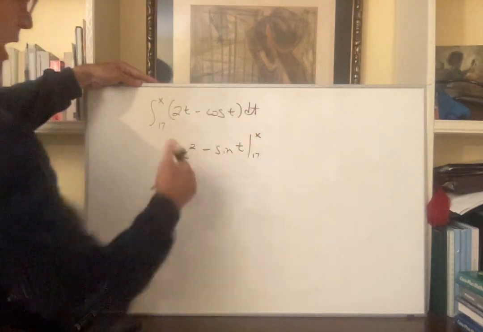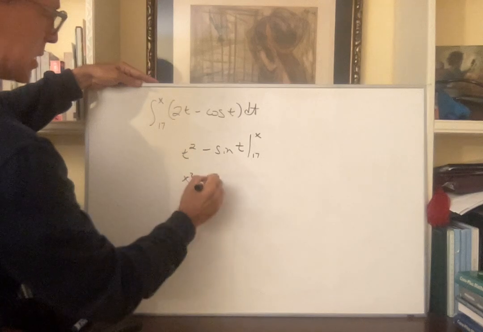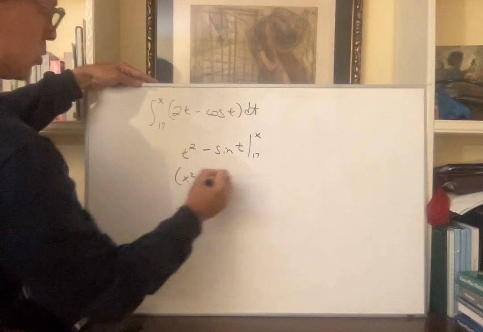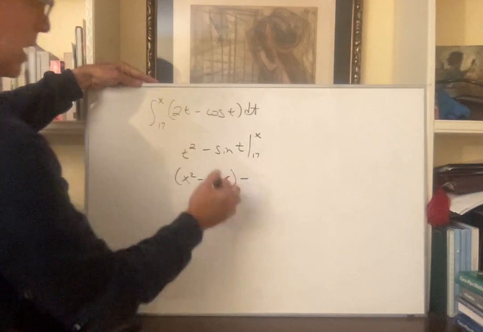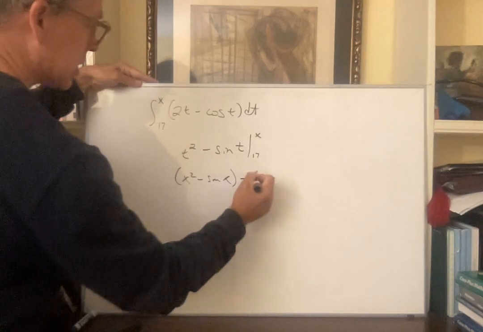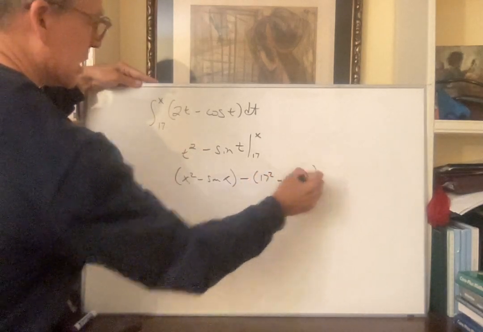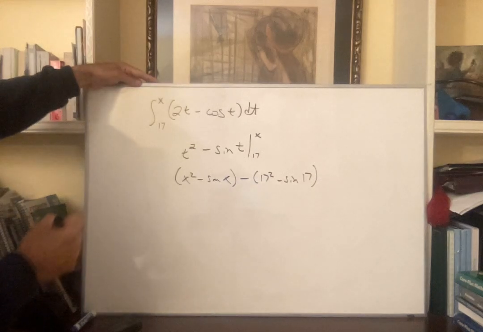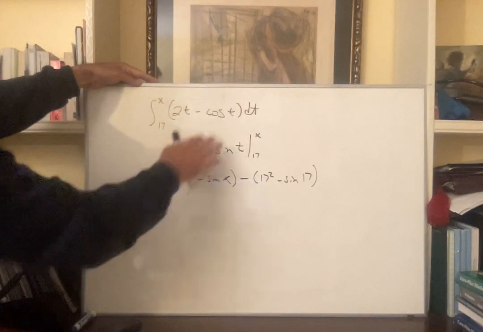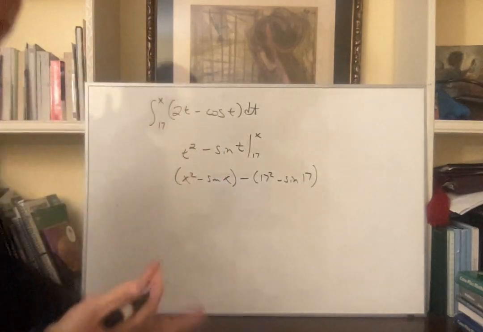So then I plug in the x, so I'll have x squared minus sine x, and then I subtract, plugging in 17, so I'll have 17 squared minus sine 17. Shazam, right? And then this should be the same as this, if I did it right.